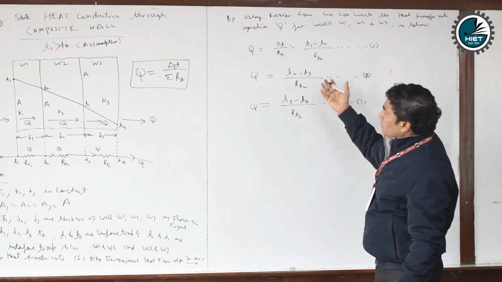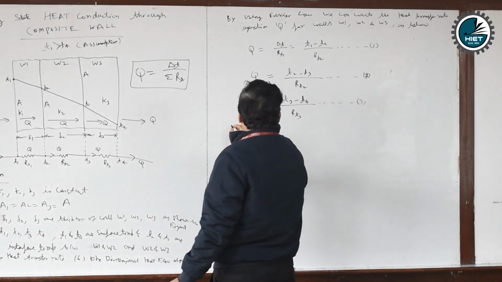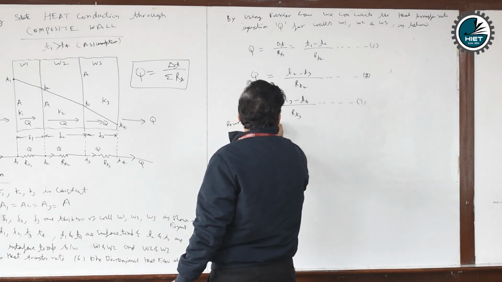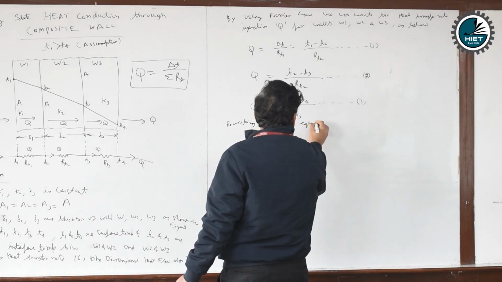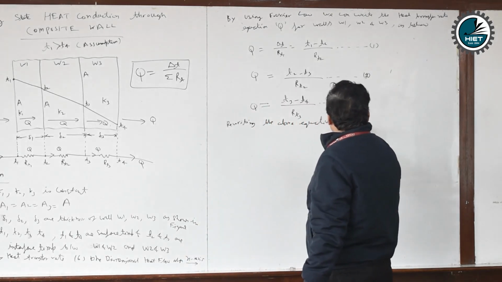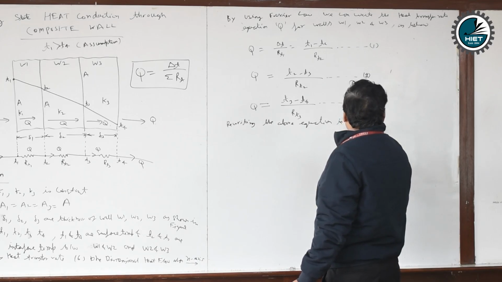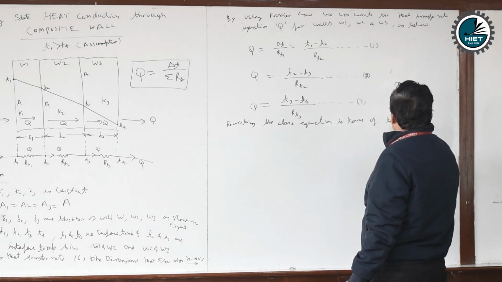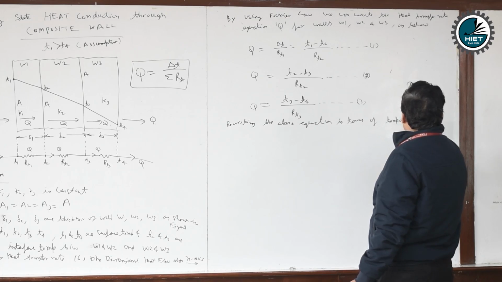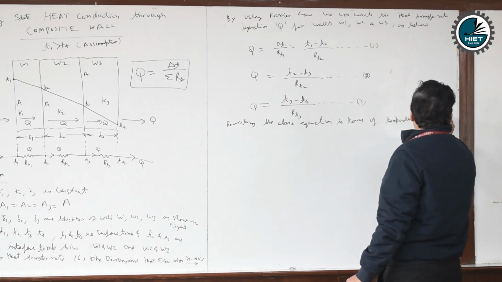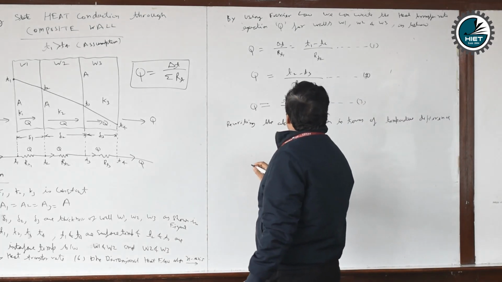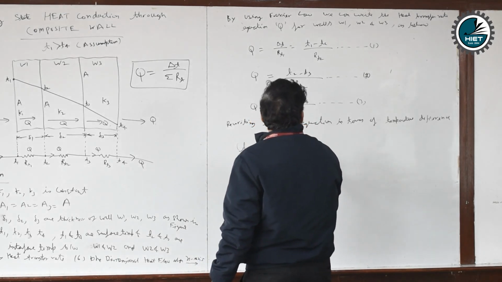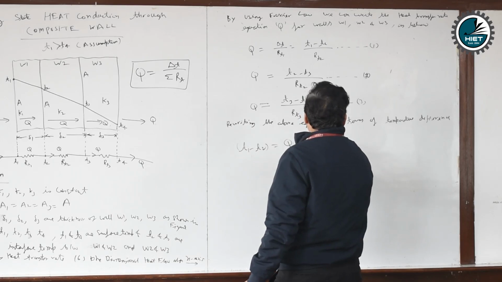So T1 minus T2 is equal to Q into RT1, let this be equation 4.